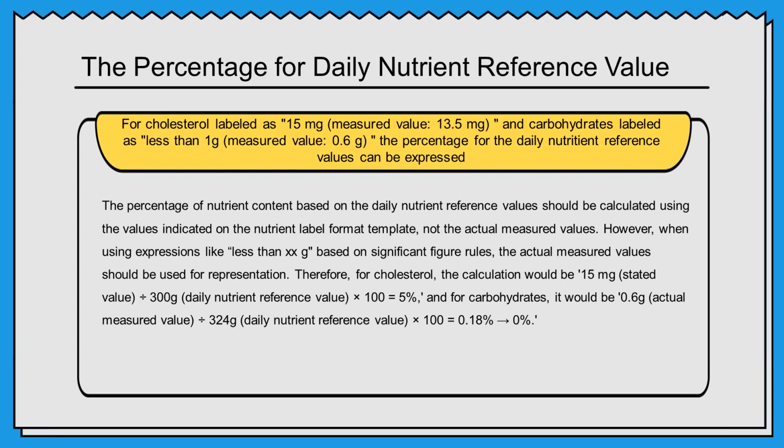Therefore, for cholesterol, dividing the stated value of 15 mg by the daily nutrient reference value of 300 mg and multiplying by 100 results in 5%. For carbohydrates, dividing the actual measured value of 0.6 by the daily nutrient reference value of 324 grams and multiplying by 100 results in 0.18%. The first decimal place of this value is rounded, ultimately displaying as 0%.